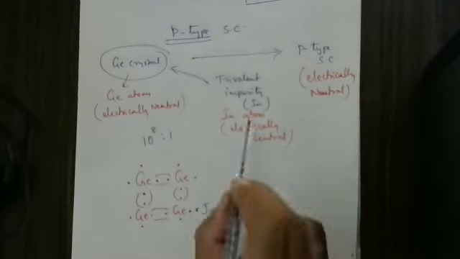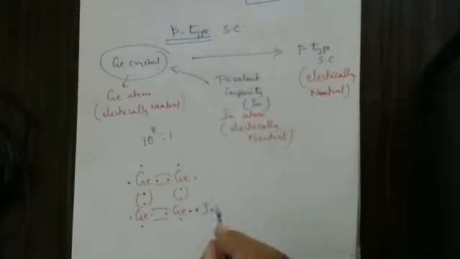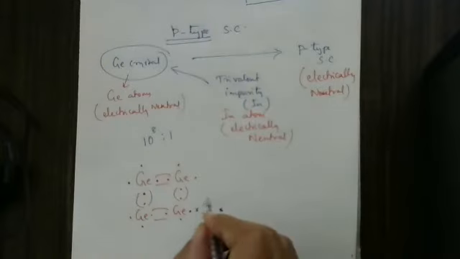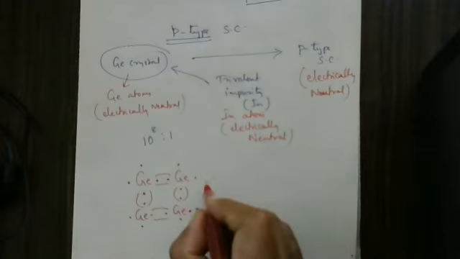The indium atom contains 3 valence electrons. Trivalent, 3 valence. I will write the 3 valence electrons with the cross mark. These are the 3 electrons belonging to indium. Now, the nearby germanium atoms are each involved in 4 covalent bonds.